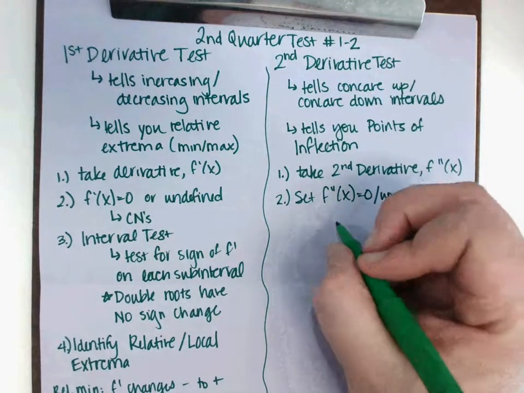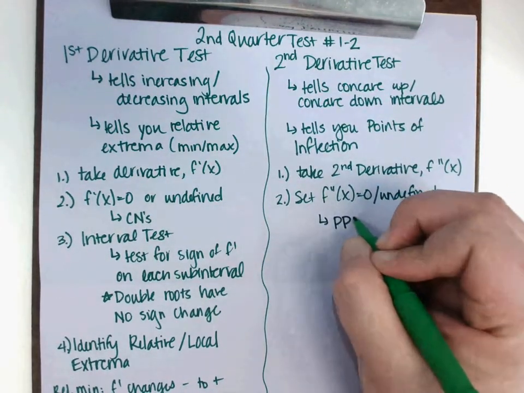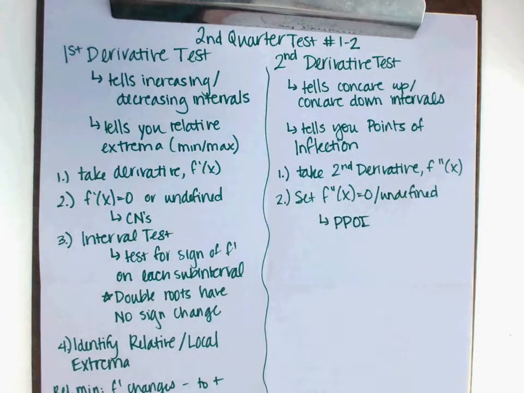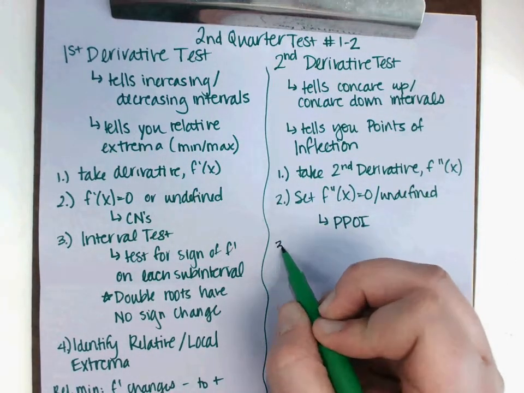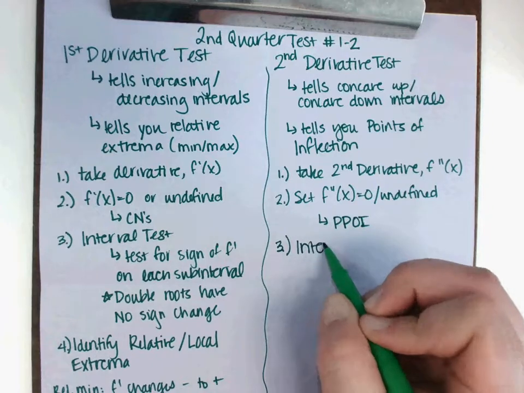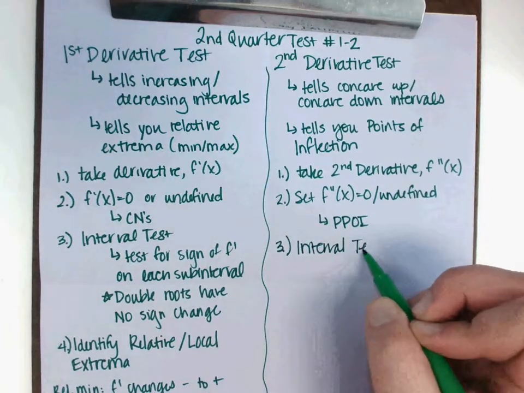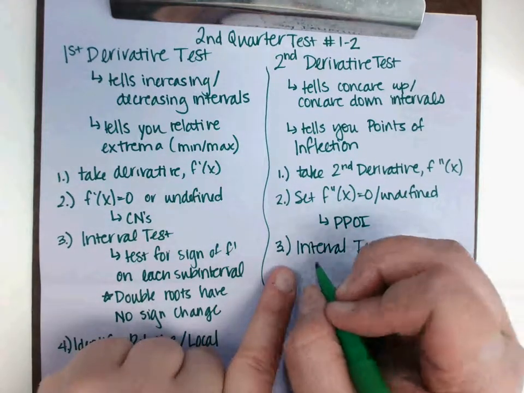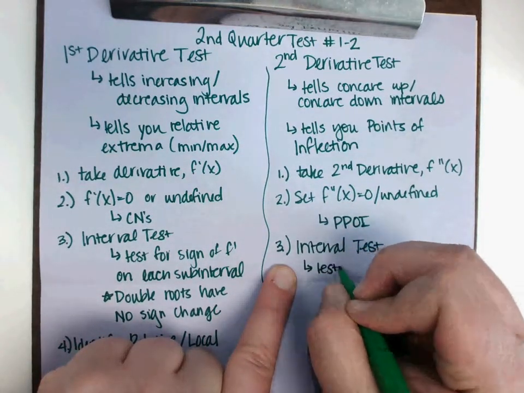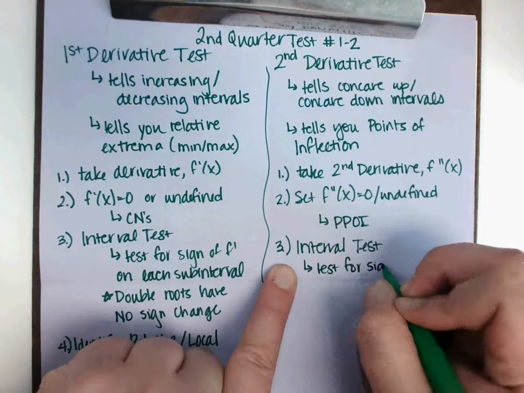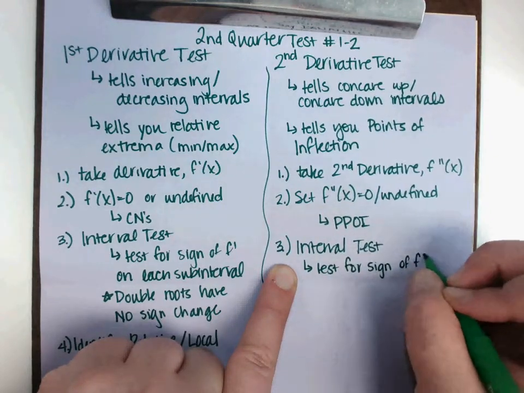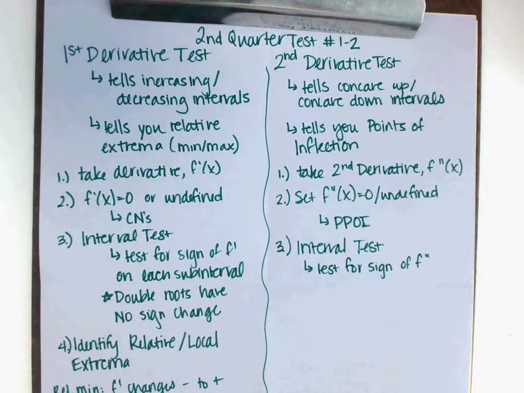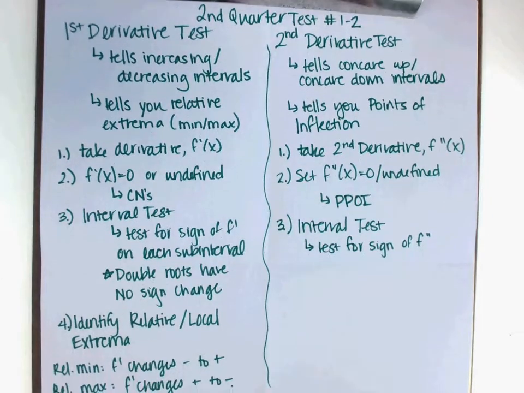And remember that we call those your possible points of inflection. Then from there you're going to make an interval test, testing for the sign of f double prime on each subinterval just like we did before.